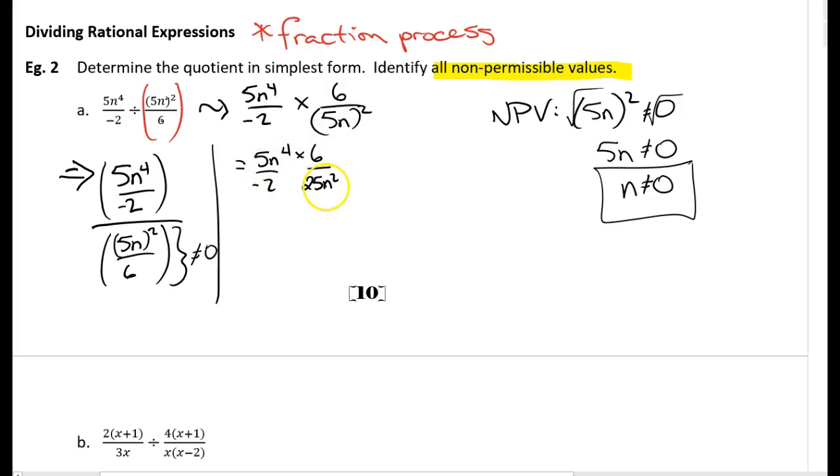Now I can see n squared and n to the 4 will simplify to be n squared in the numerator. 2 also goes into 6, so it'll be 1 and 3. That'll be my simplified version if I do that in step 1. Actually, I can also do 5 goes into 25 5 times. So lots of simplifying here.